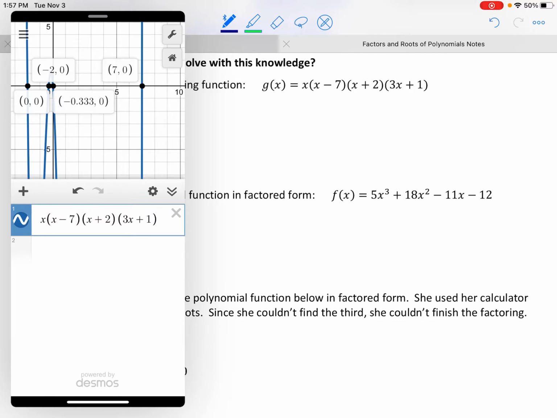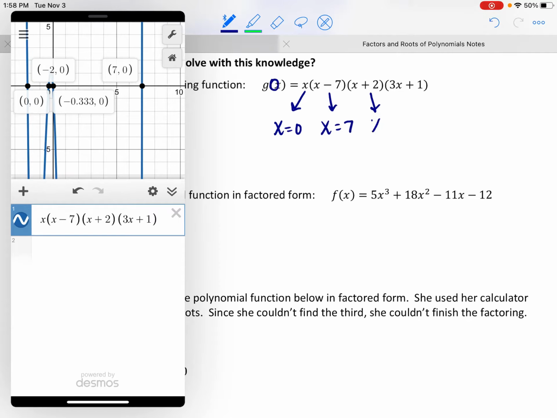Now, that didn't take much work, but it really shouldn't have taken any work at all, because the roots we can see from the factors. So this x out here, x has to equal 0. Think about this as an equation. If we were trying to zero out our equation, 0 would have to be a solution. Or here, x would have to equal 7 if this thing was zeroed out.